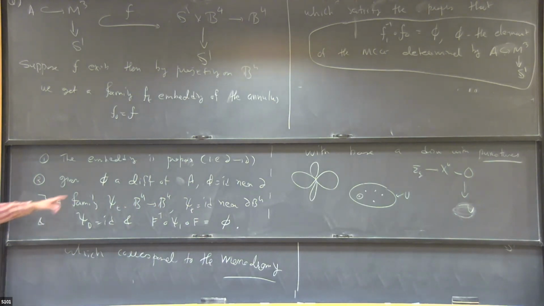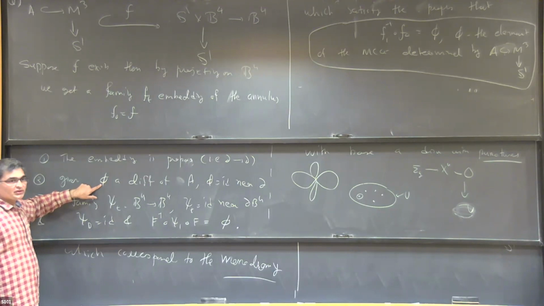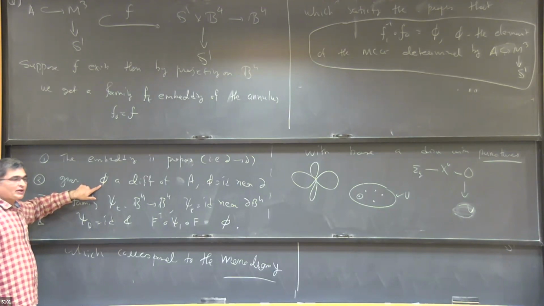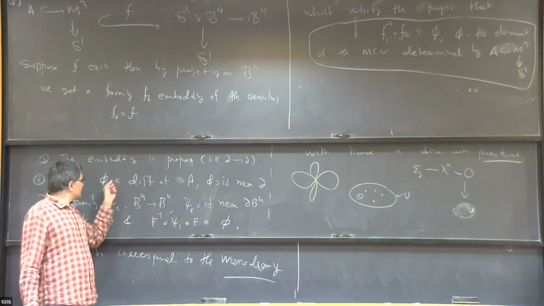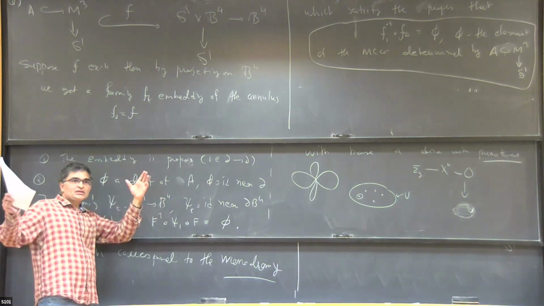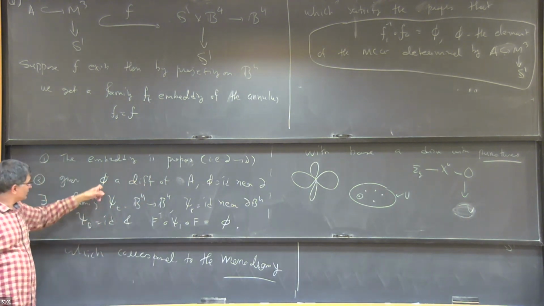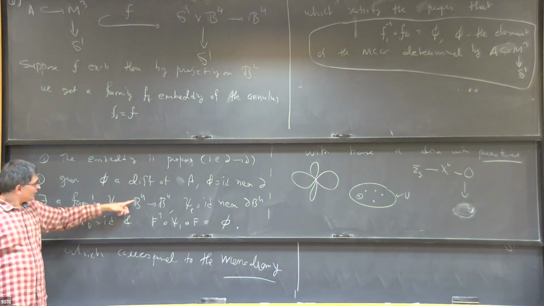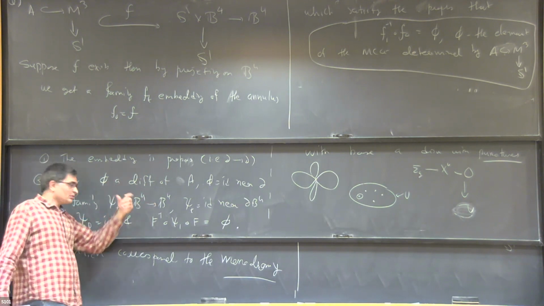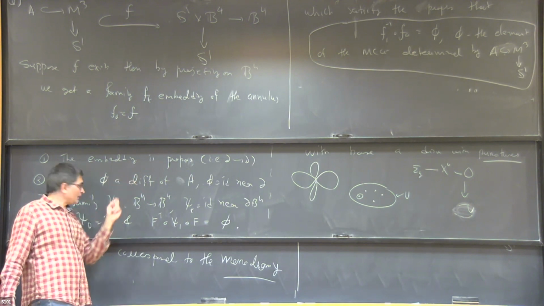Okay. So phi is a self-diffeomorphism of A, and there is no reason for this to be isotopic to identity inside A. What I'm saying is that this diffeomorphism of A, which is identity on the boundary, appears, when you embed the annulus A inside B4, as a time one map.